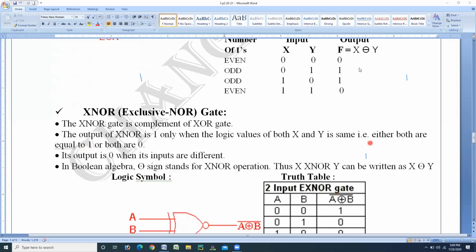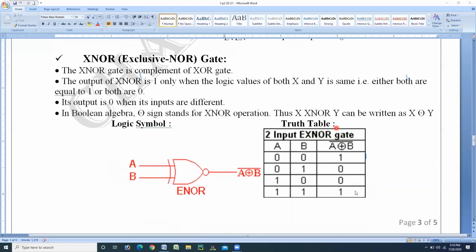If you observe the XOR gate, 0, 1, 1, 0. Exactly the complement of XOR we get here. Wherever you get 0 here, you get 1. Wherever you get 1, that will be 0. That's why the first point is the exclusive NOR is the complement of exclusive OR gate.